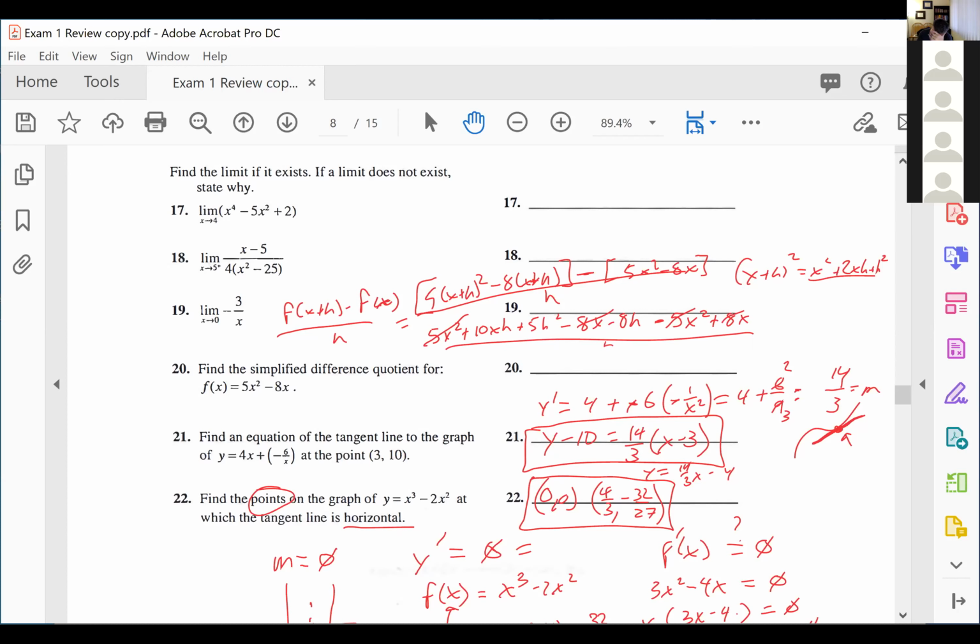All over h. If I factor out an h on the top, I get h times 10x minus 8 plus 5h all over h on the bottom, and that's my simplified difference quotient right there. That would be 10x minus 8 plus 5h.